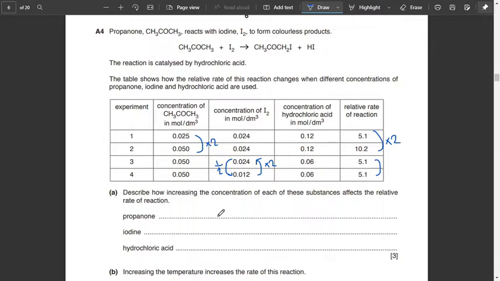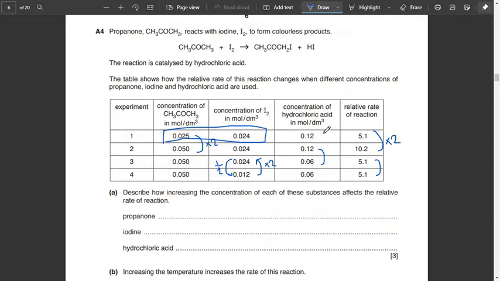And then if we talk about hydrochloric acid, as we double hydrochloric acid over here, or halve it between the second and third reaction, we can see that, as all the other factors are constant as in the first reaction, except this one, right?